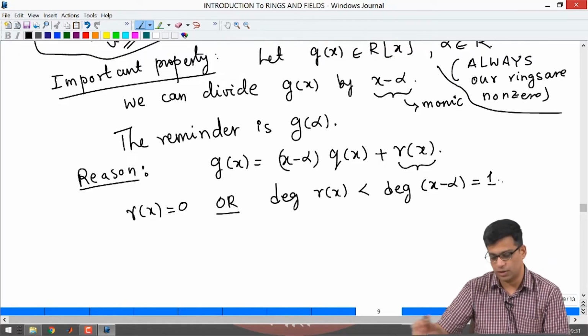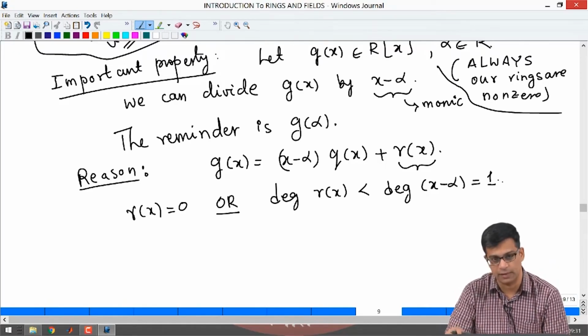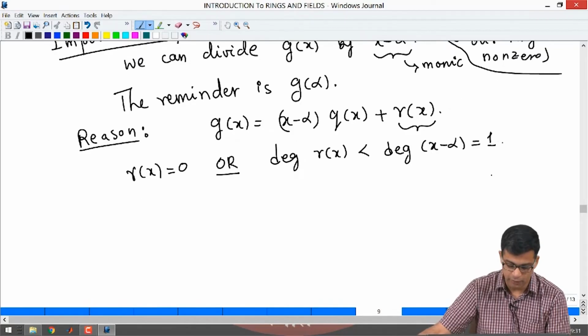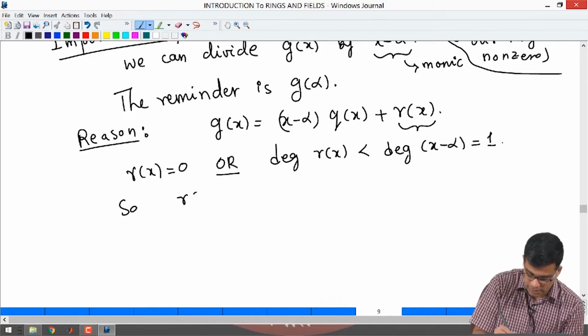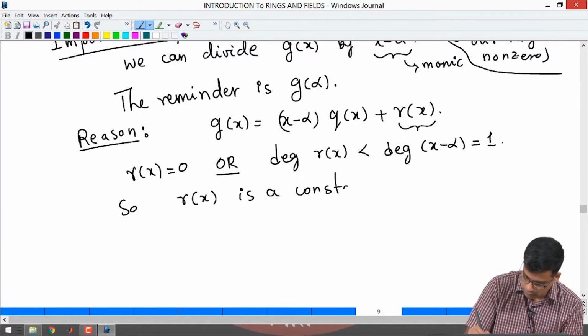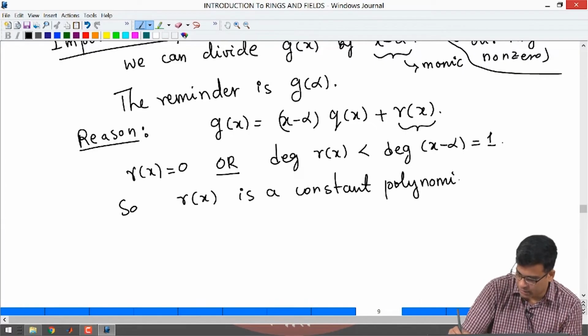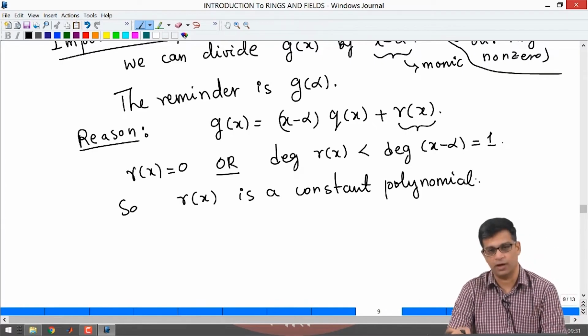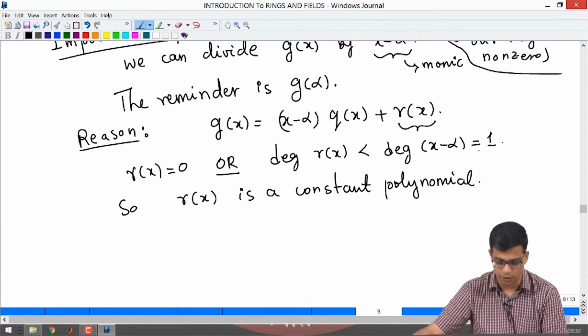So, in other words, the degree of r(x) is strictly less than 1 or r(x) is 0. Either way, r(x) is a constant polynomial, because we are dividing by a degree 1 polynomial x minus alpha.